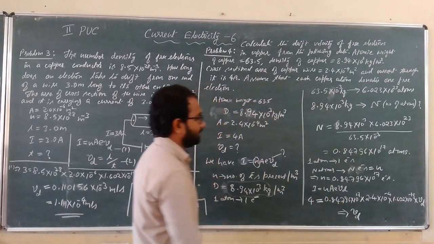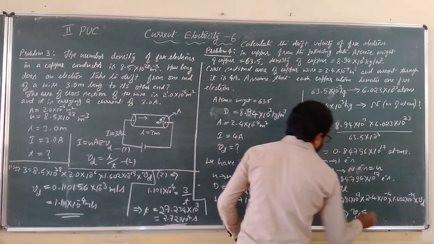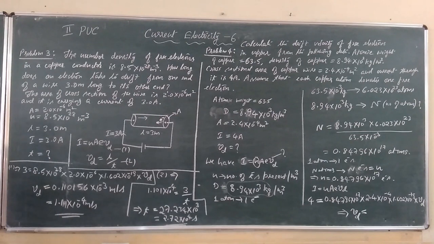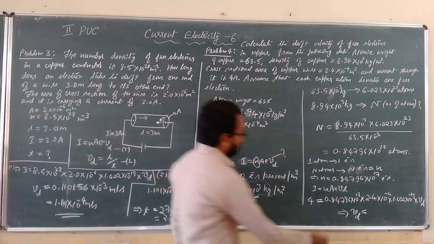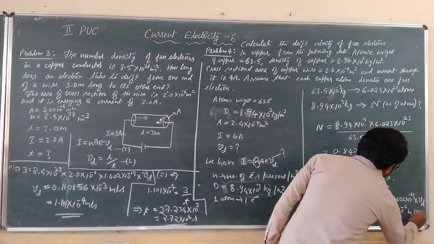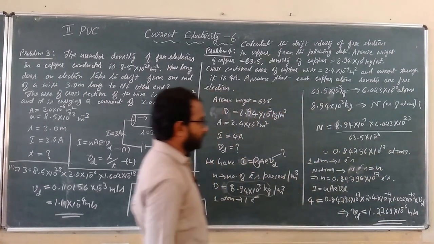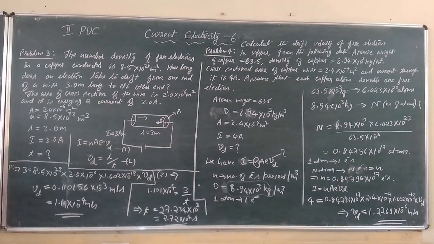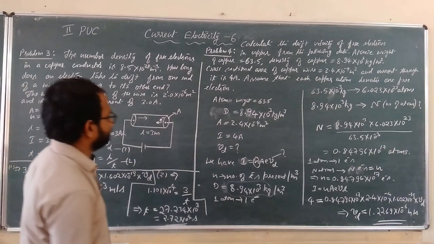That implies Vd is 1.2269 into 10 to the power of minus 6 meter per second. That is the drift velocity of electrons.